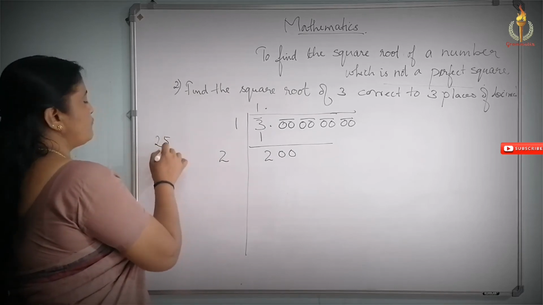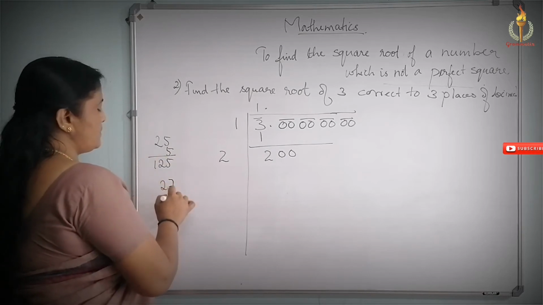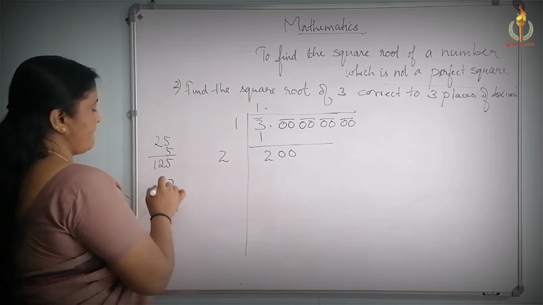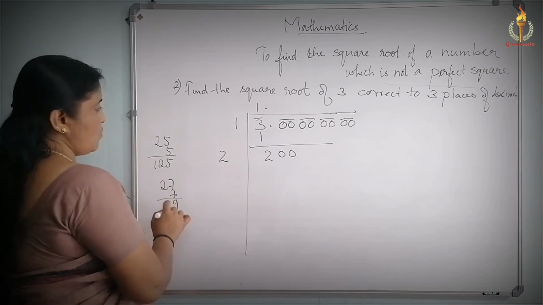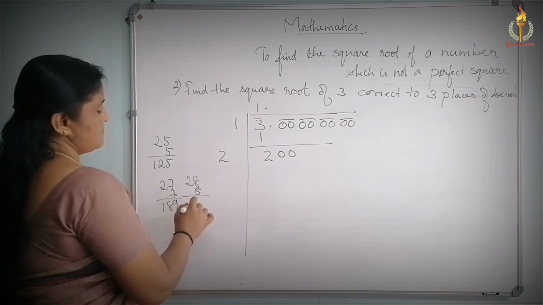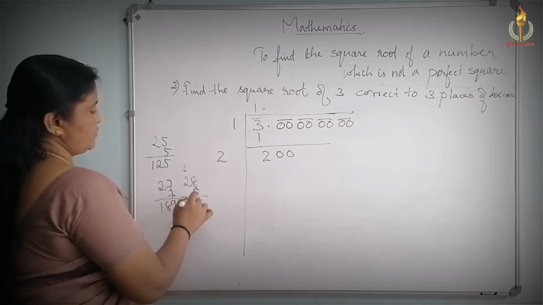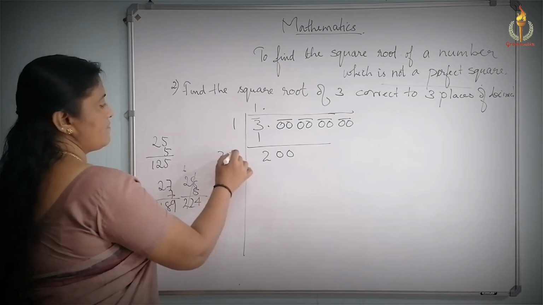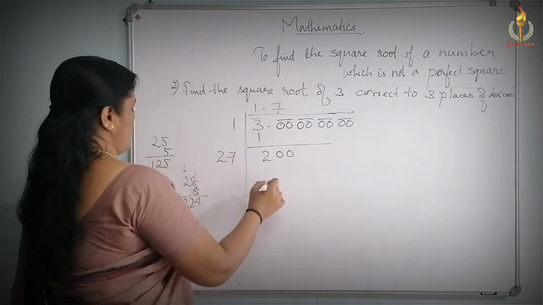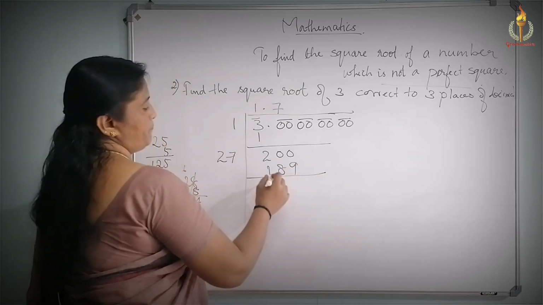So 25 into 5, it gives you 125, that's much less. So 27 into 7, 189, 28 into 8, 224. So this is not, it is 27 here into 7 is 189. Subtracting it, what will you be getting?